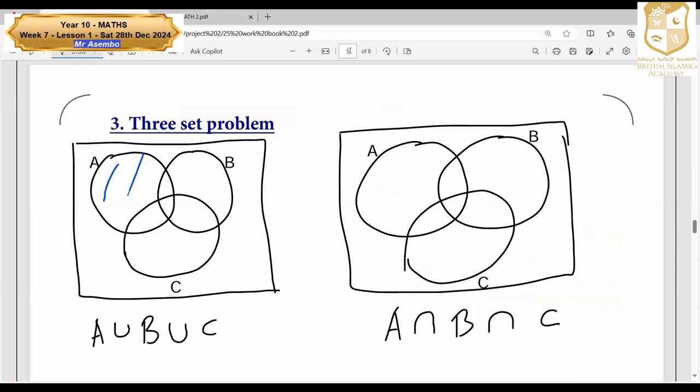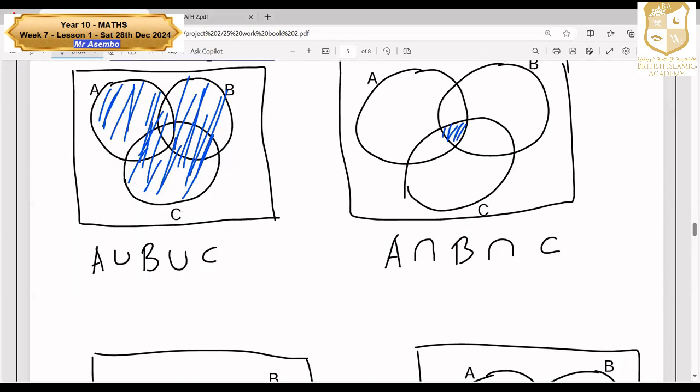So the required part is simply this, every member in A, B, and C. Now A intersection B intersection C means the common region in all three of them, which is only there.